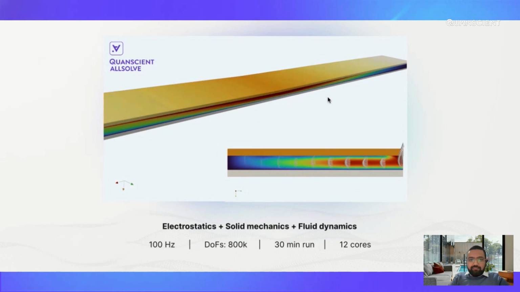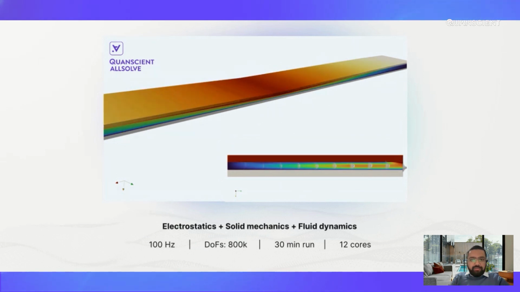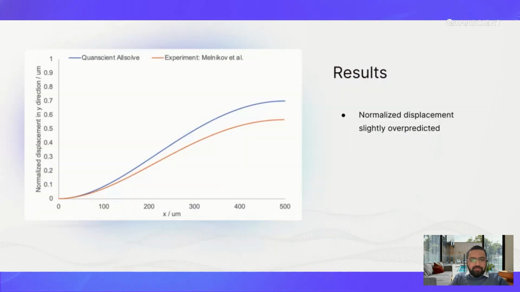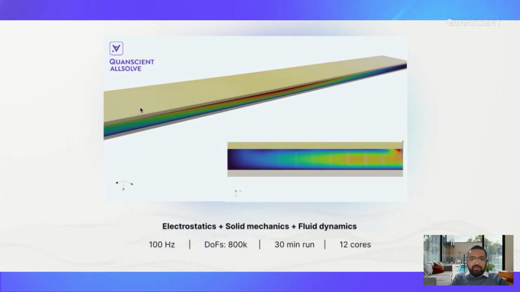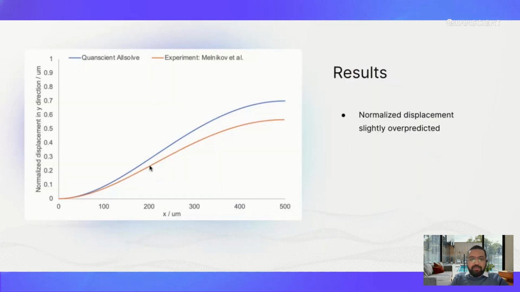That's the qualitative comparison. Let's have a look at the quantitative comparison. So here what I plot is the normalized displacement along the center of the plate, going from left to right in the center of the top plate, only until 500 micrometers because we did a symmetry example.